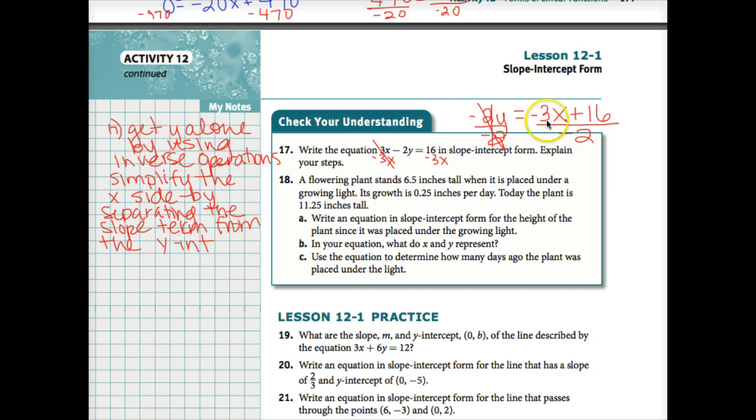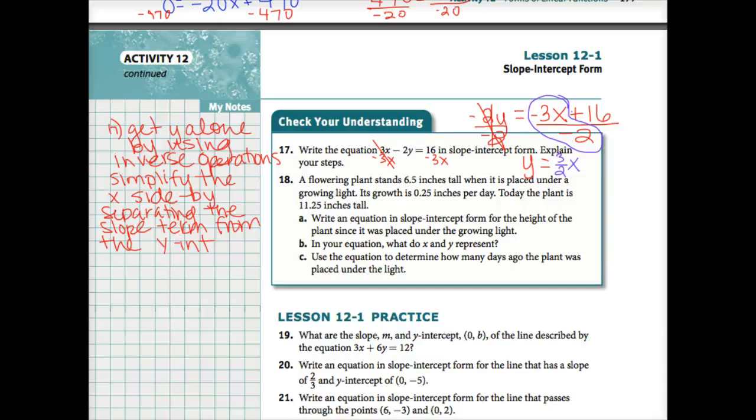So when I divide these, I'm going to separate them. I'm going to use a different color here to illustrate this. Because when I divided by negative 2, it means I need to divide everything by negative 2. But I want it to be mx plus b. So my m is going to be negative 3 divided by negative 2. Two negatives divided make a positive. And 3 over 2 doesn't reduce. So that's just going to be 3/2 x.